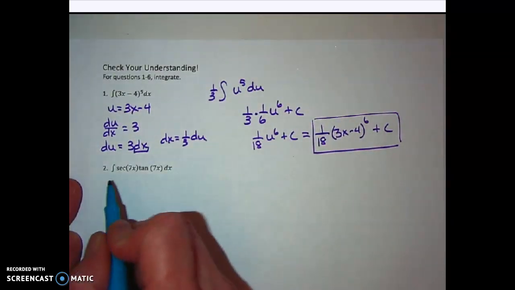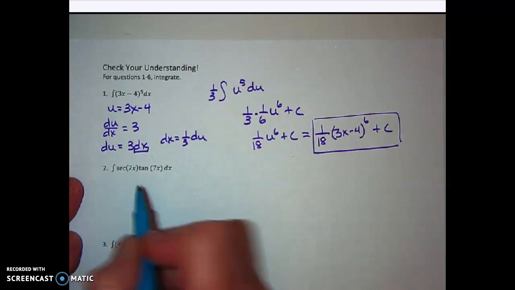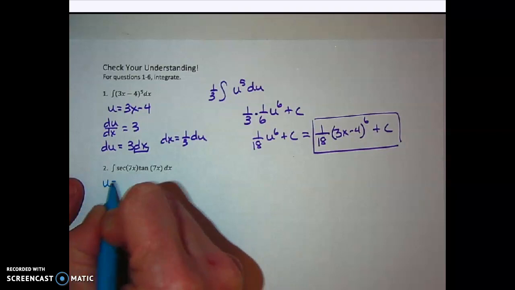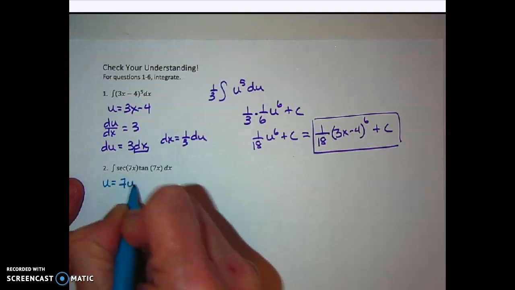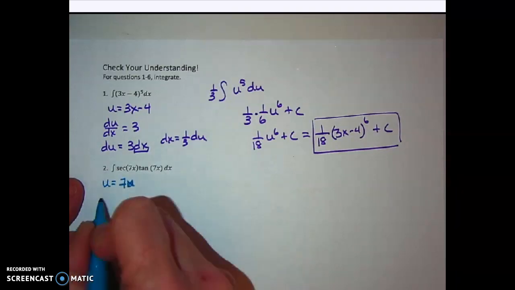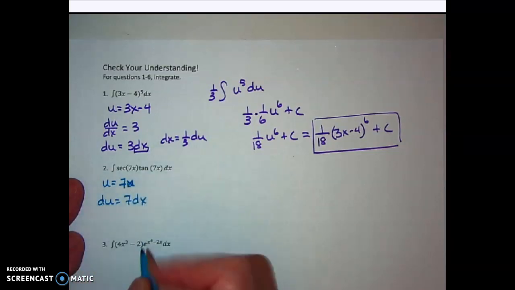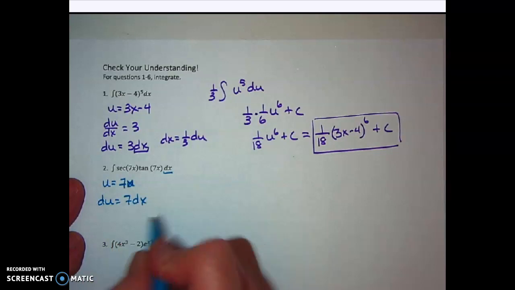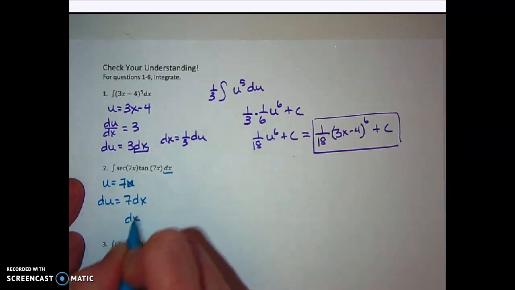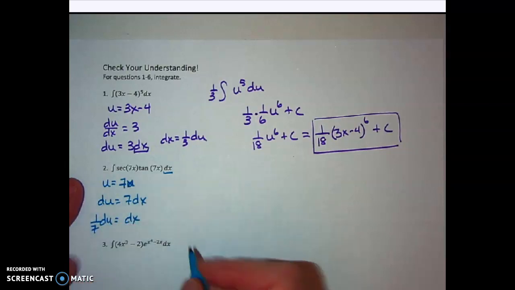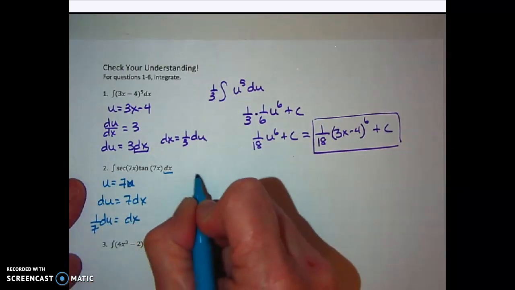Do you remember that the derivative of the secant is the secant tangent? If you do, then you'll recognize that my u is simply going to be 7x. So du is going to be 7 dx. Again, all I have is the dx, so if I solve this for dx, I'm going to get 1/7 du. And now I can do my u substitution.